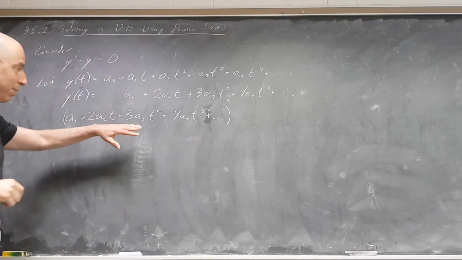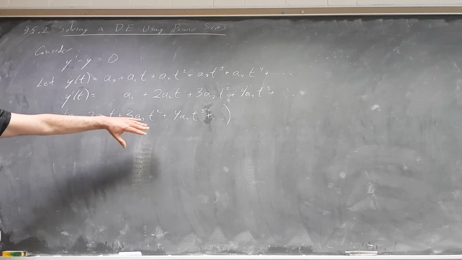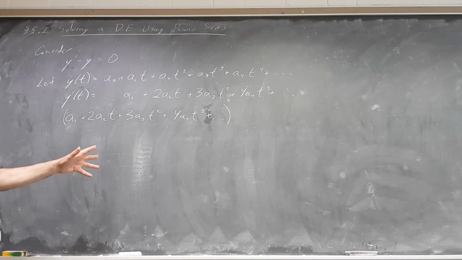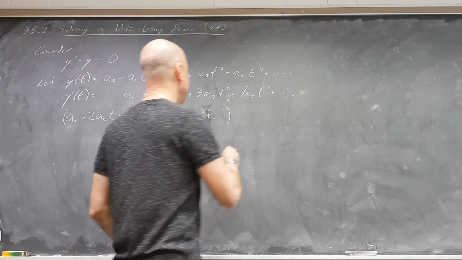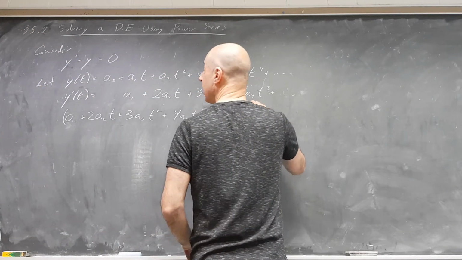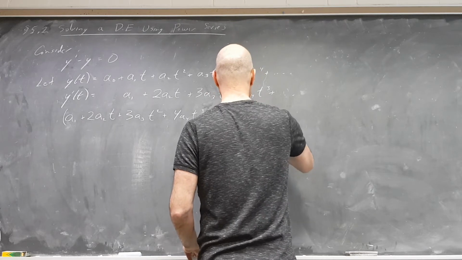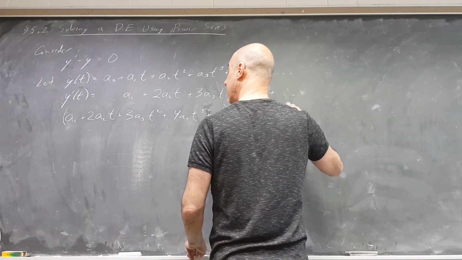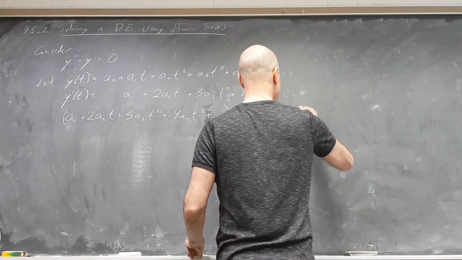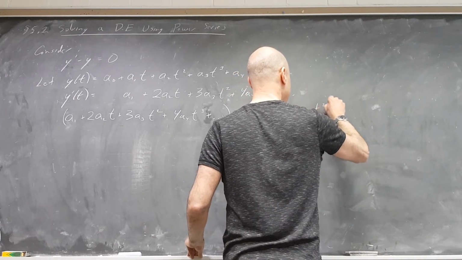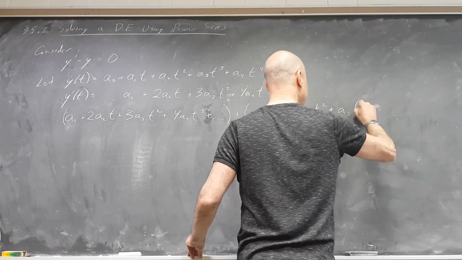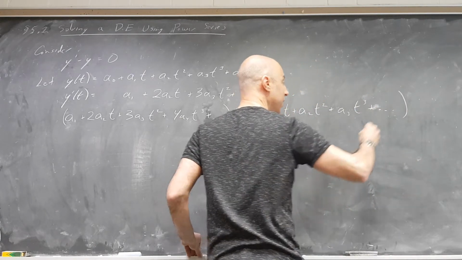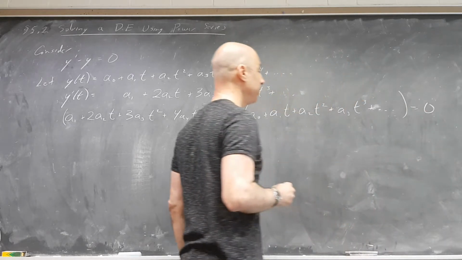If you don't like the plus dot dot dot, feel free to use sigma notation, but I think right now this is probably the clearest way to do this. Plus my y, which is a0 plus a1t plus a2t squared plus a3t cubed plus dot dot dot equals 0.